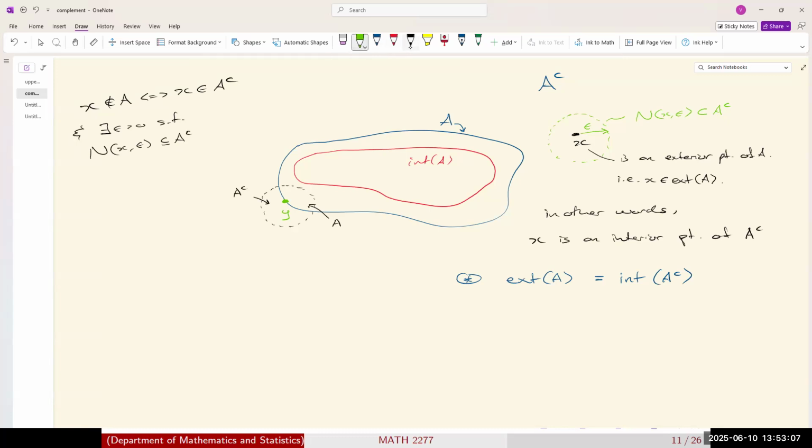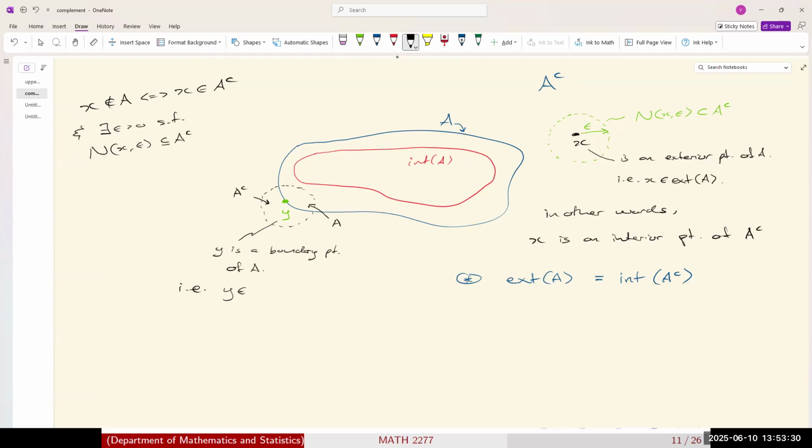So therefore Y is a boundary point of A. And if you're a boundary point of A, we say Y belongs to the boundary of A.